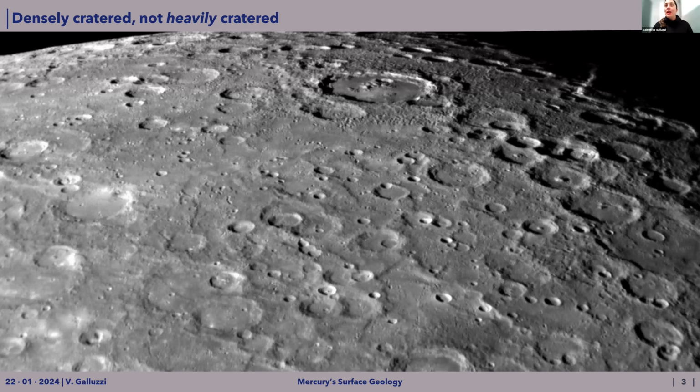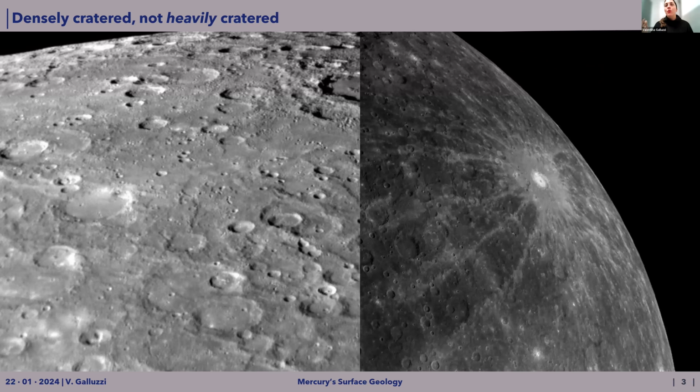While on Mercury, we had several events of resurfacing of the surface via volcanic floods and lava floods. So that's why if you count the craters, and someone actually did this, you will notice that on Mercury we have fewer craters than on the moon.